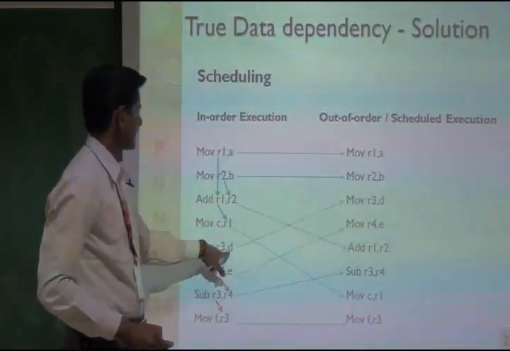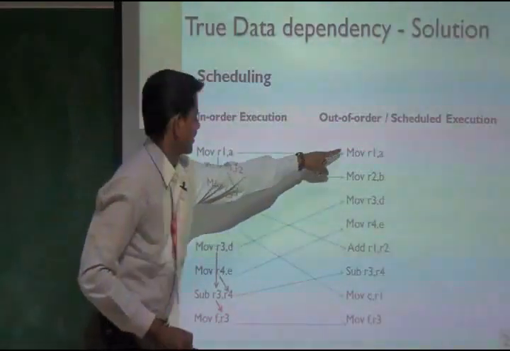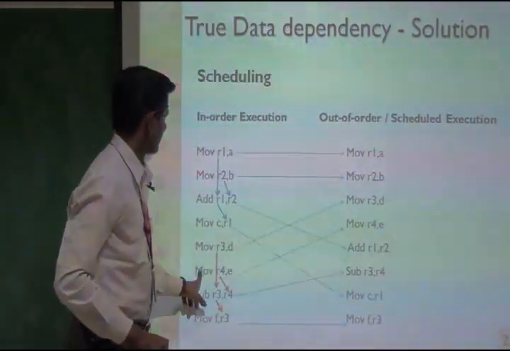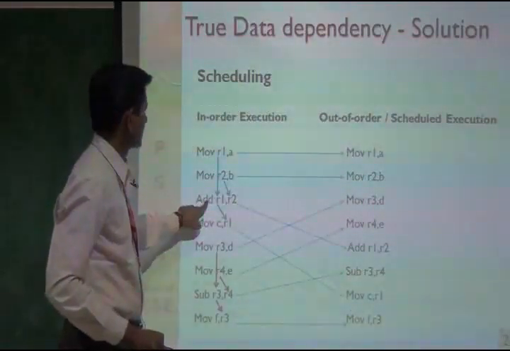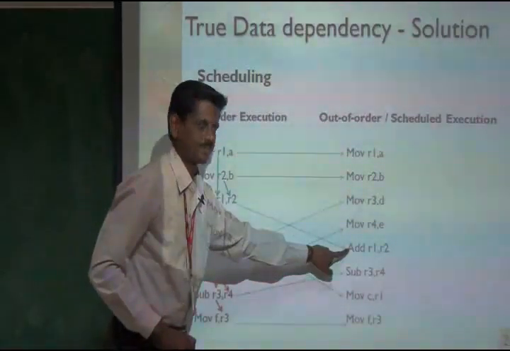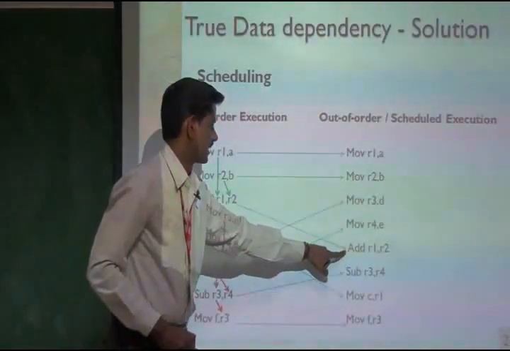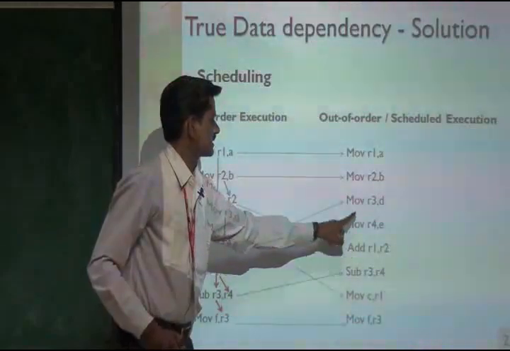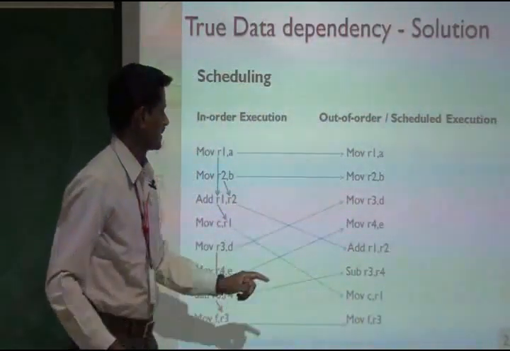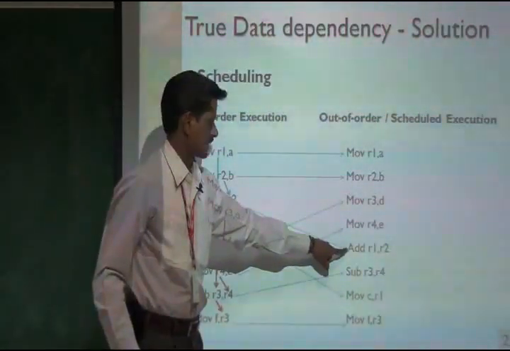Take this instruction R3 comma D. Here there was no dependency. Similarly, move this instruction. Now the add instruction is going to be executed here. Actually, the add instruction must be executed as the third instruction. Instead, we execute it as the fifth instruction.